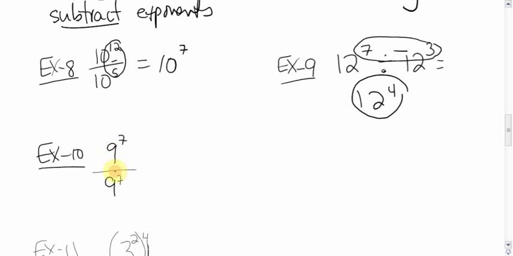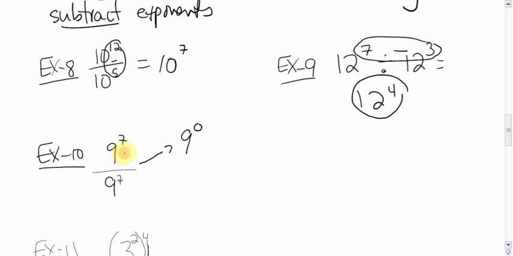Now this one here, do you remember last day when I told you anything to the power 0 was 1? Well, here's proof of that. If we do this the exponent way, the shortcut way that I showed you, 7 minus 7 is 0, so you'll have 9 to the power 0. And if you do it the long way, what is 9 to the power 7?